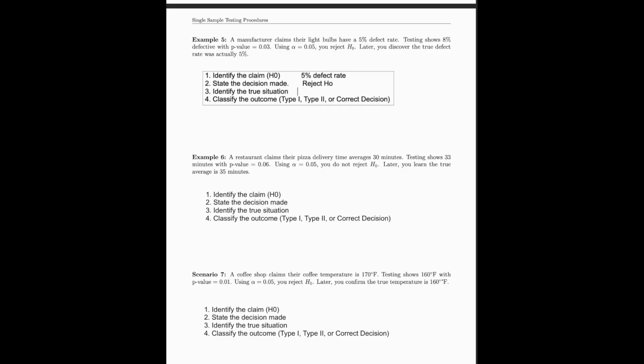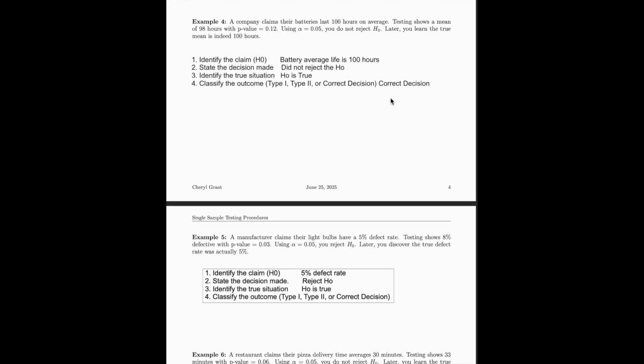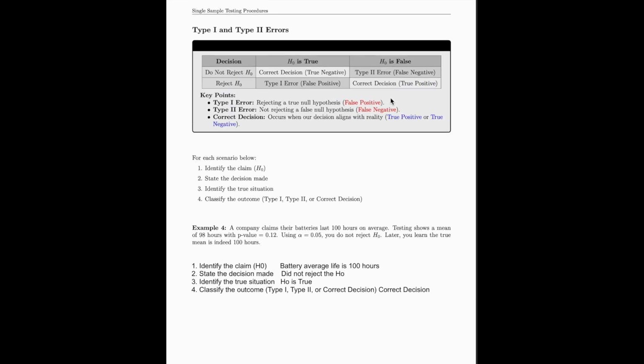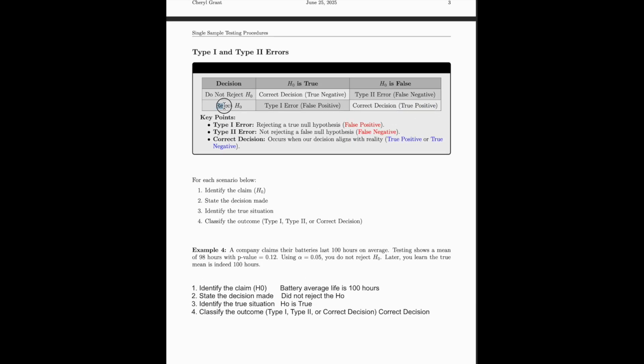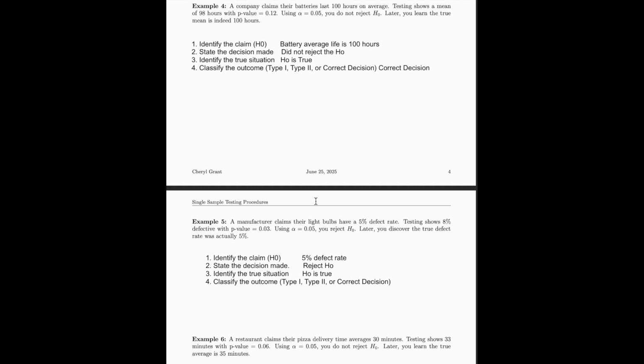So we find out that H0 is actually true. So if we reject H0 when it's actually true, if we look up here at the chart, we reject H0 when it's actually true. That's a type 1 error. So that's what we're going to classify this as.